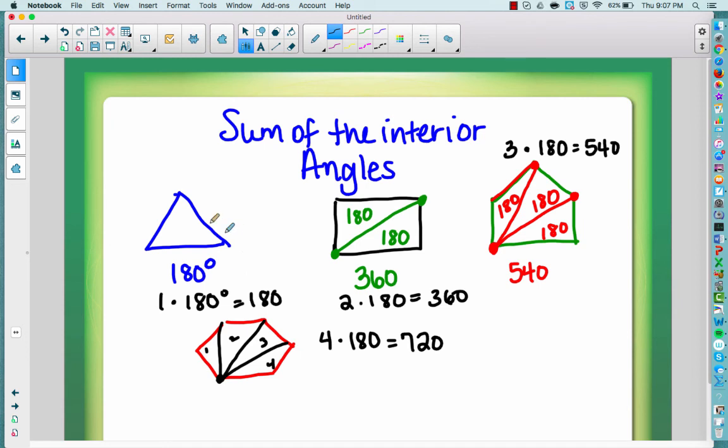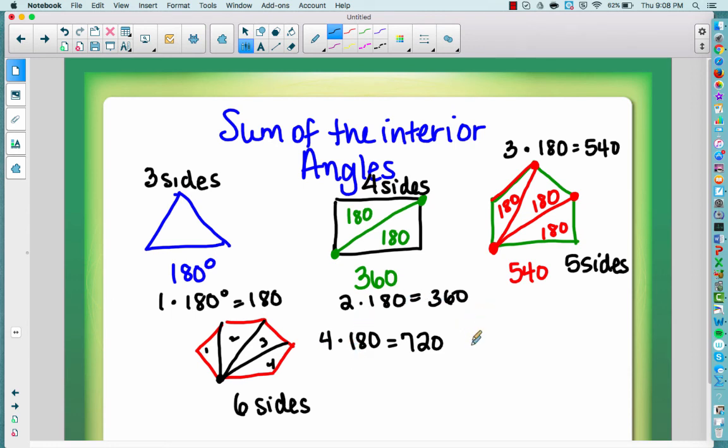And what I'm hoping you're seeing is that the triangle had 3 sides, and we multiplied 1 times 180, the quadrilateral had 4 sides, and we did 2 times 180. A pentagon had 5 sides, and we did 3 times 180, and a hexagon had 6 sides, yet we multiplied 4 times 180.